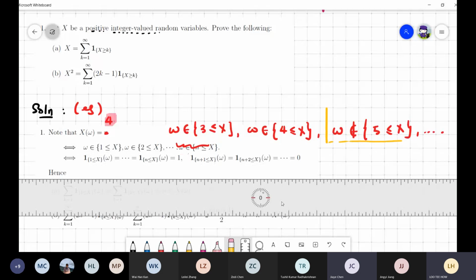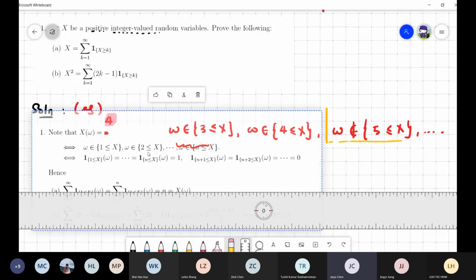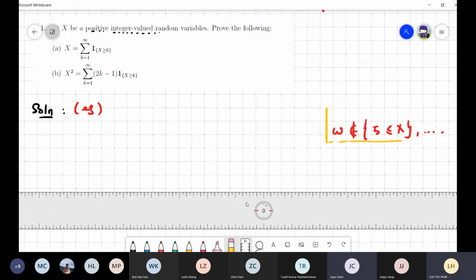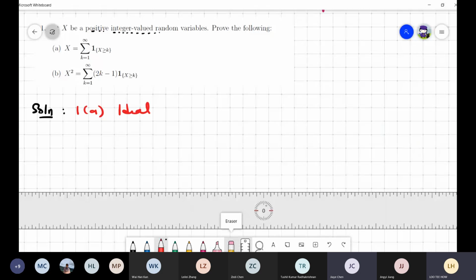I think it's better I write it out. Let me give you the idea for n equals 4.